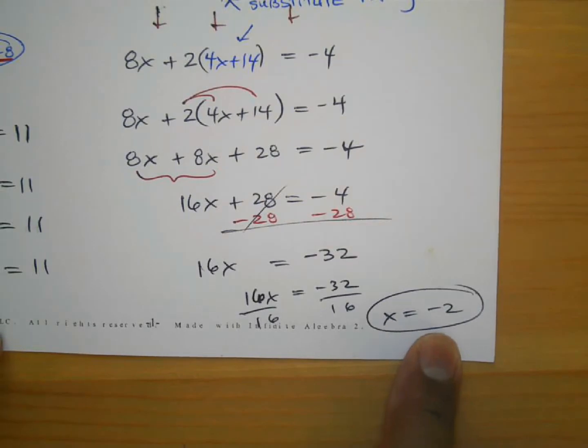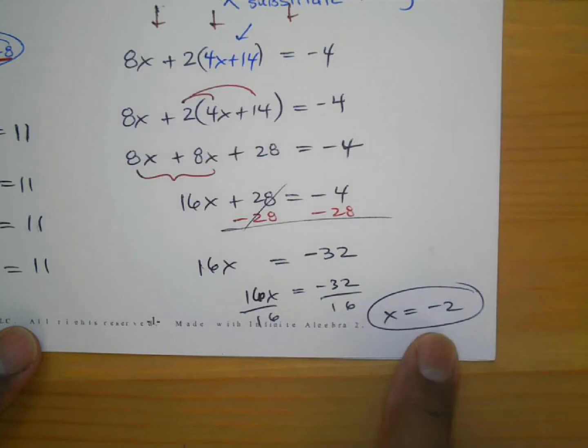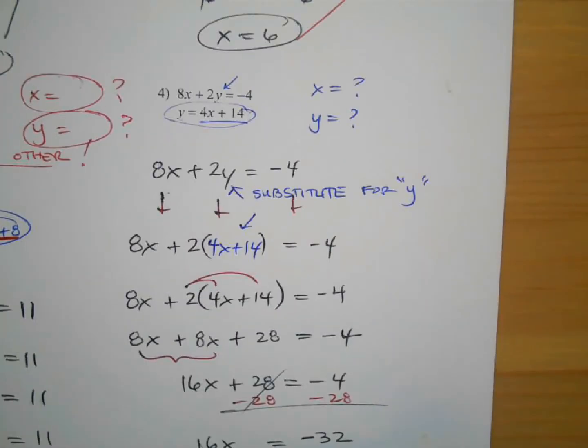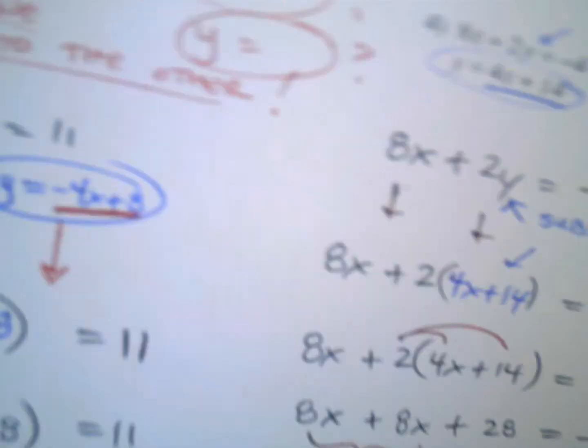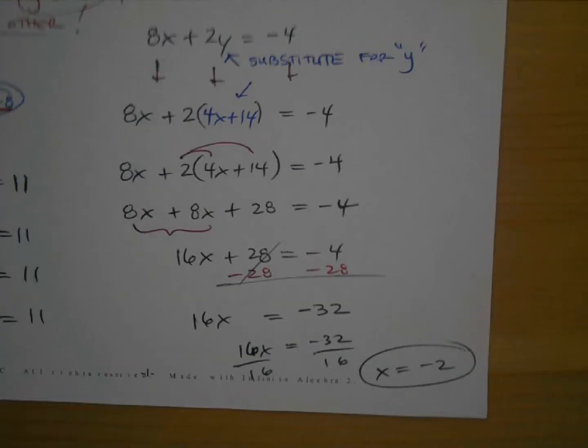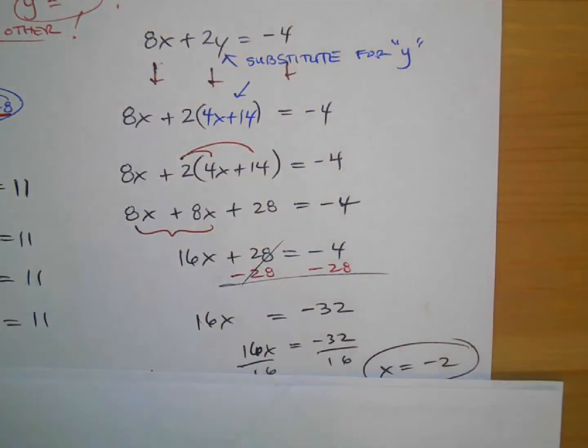I know, it's a lot of work, but it's doable. Okay, now actually the easy part is once you have one to find the other, right? Once you have one, remember, how do you find the other one once you have one of them? Well, let's see, I know that x is equal to -2.